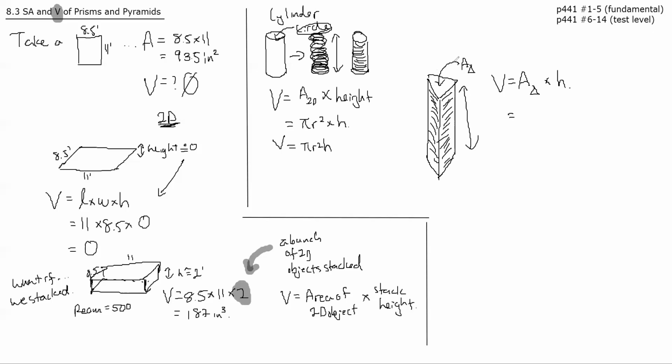It's the base of a triangle multiplied by the height of a triangle, right? And of course that would have to be 90 degrees. So half base times height multiplied by the height.